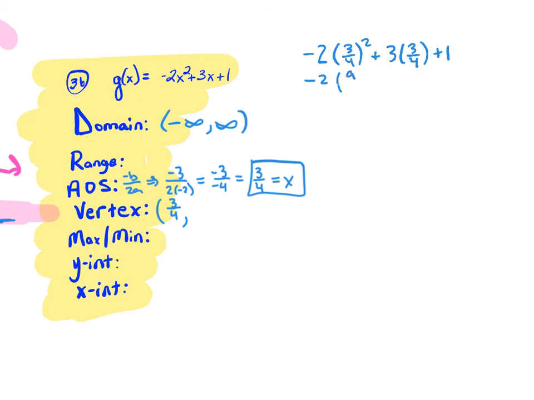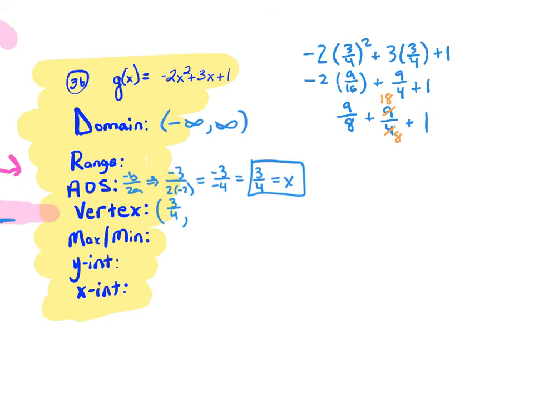So we square 3/4, so this is 9 over 16 plus 9 over 4 plus 1. When multiplying negative 2 times 9 over 16, this is 9 over 8 plus 9 over 4 plus 1. I'm going to change these so I'll have the same denominator. So multiplying the top and bottom by 2, we have 18 over 8.